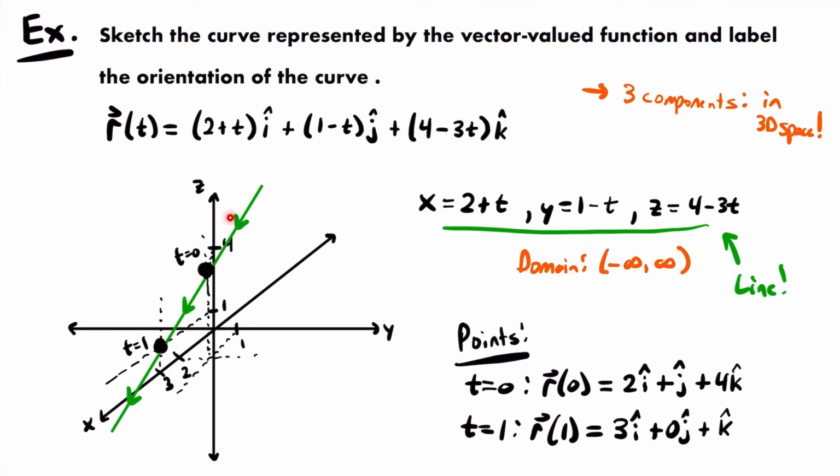But this space curve, or more accurately, this line, travels along a plane, which is a type of surface in 3D space. But the majority of space curves are going to travel along surfaces that are a little bit more complicated than just a flat plane. So let's take a look at one more example where we will sketch a space curve that actually curves.